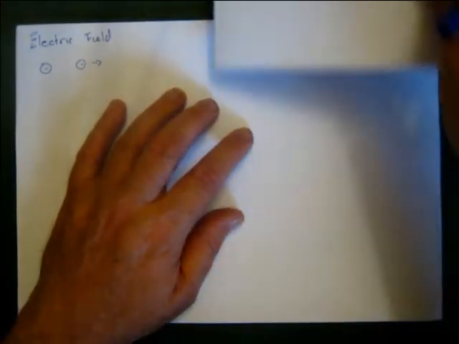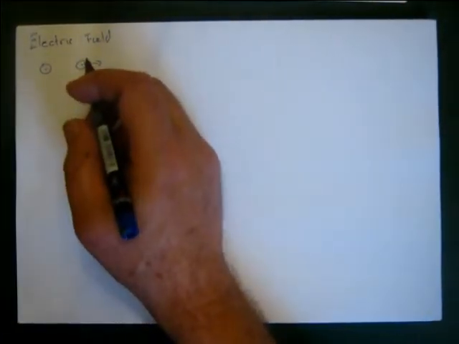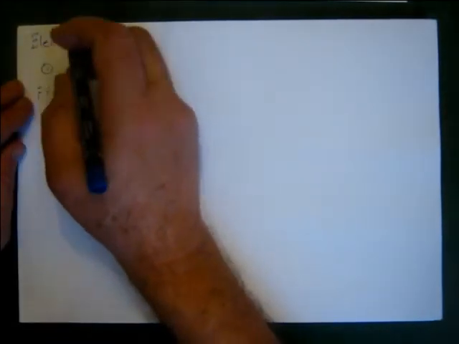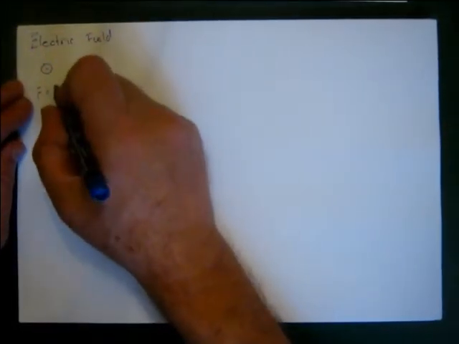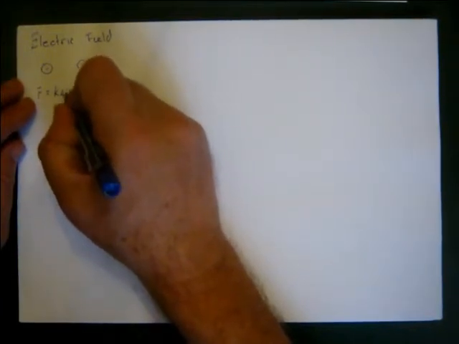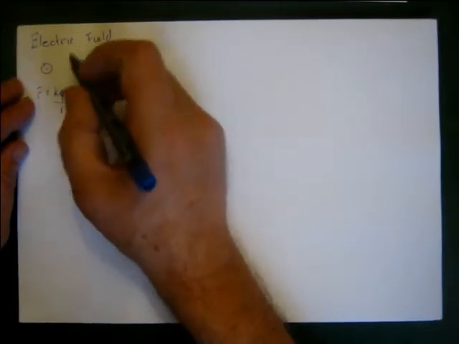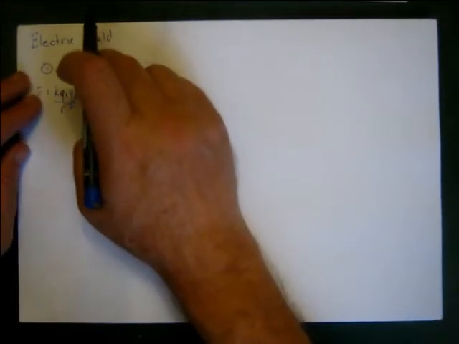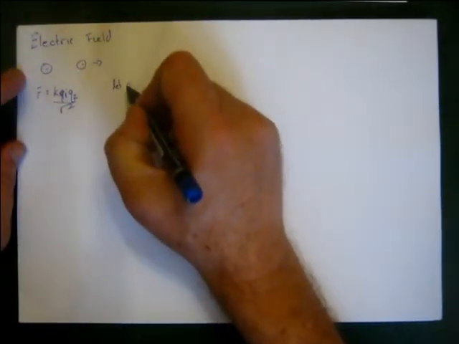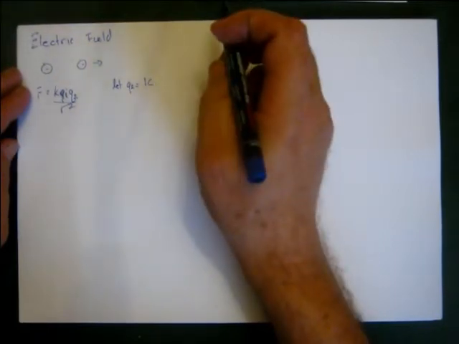Now how big is this electric field going to be? Well, we know from earlier that the force is equal to K Q1 Q2 over R squared. But if we use a test charge of a known size, let Q2 equal 1 coulomb.